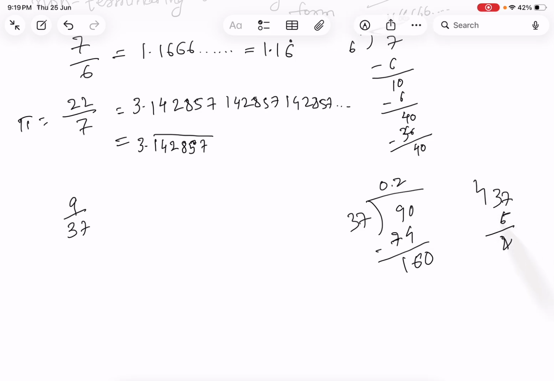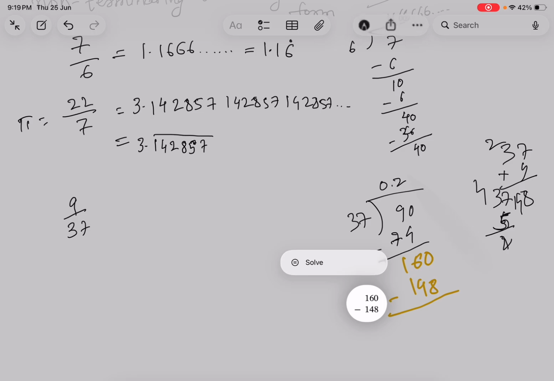You have to go 37 times 4, which is 148.